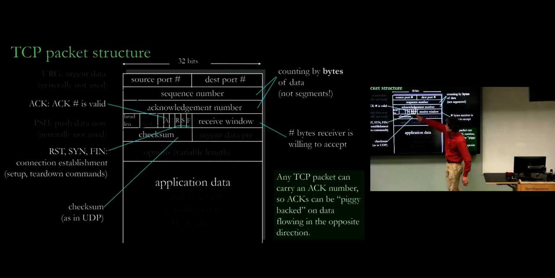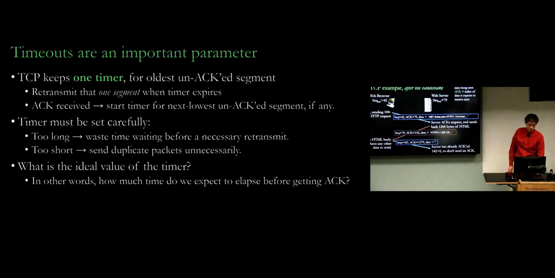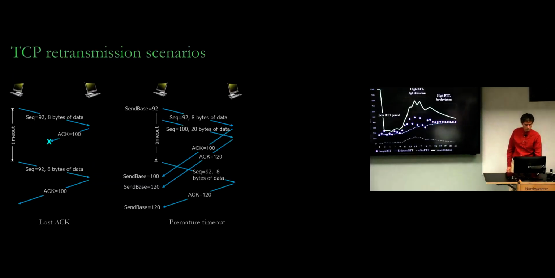If this S bit is set, this is SYN. This means it's a SYN packet. So when I say you send a SYN packet, it just means you send a packet that has a 1 in this position, and then you include your sequence number here and your receive window here. You set this bit, and that's your first packet in the handshake.